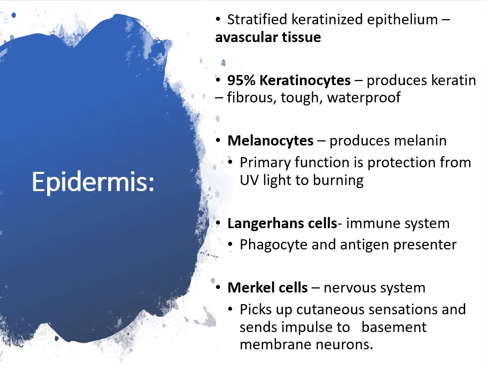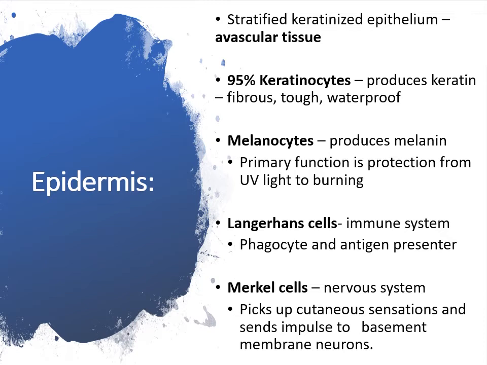Melanocytes produce melanin, which provides pigmentation to our skin, and also provides protection from the UV light, right? So that's why most of us will tan in the setting of sunlight, because the skin is responding to the UV light and producing melanin, okay?